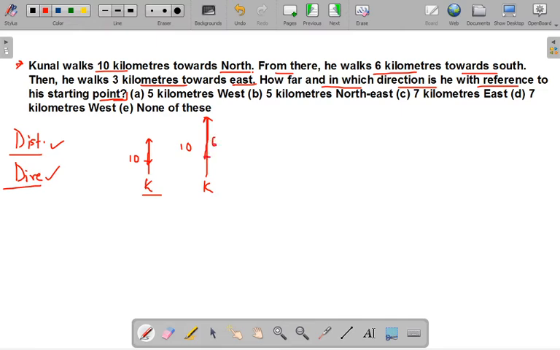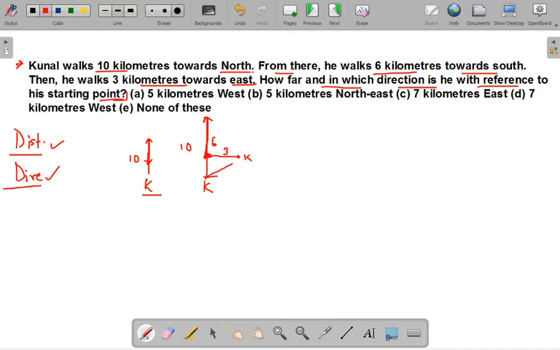This is 6. And he walks 3 kilometers towards east. This is 3. So this is where Kunal is currently. The question is how far and in which direction is he with reference to his starting point.